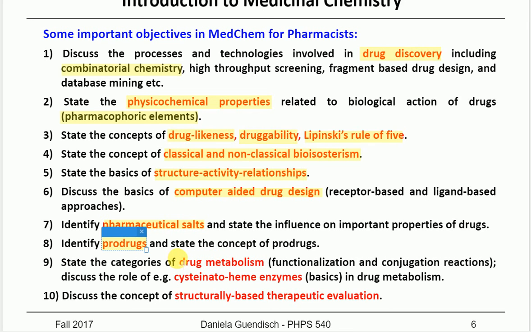State the categories of drug metabolism, so functionalization and conjugation reactions. Discuss the role of, for example, cysteine heme enzymes, the basics in drug metabolism. Discuss the concept of structurally based therapeutic evaluation. So these are some of the main points.